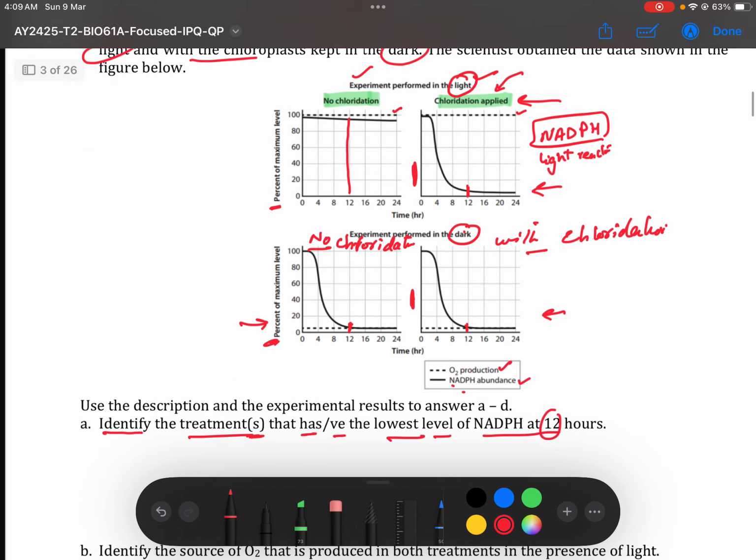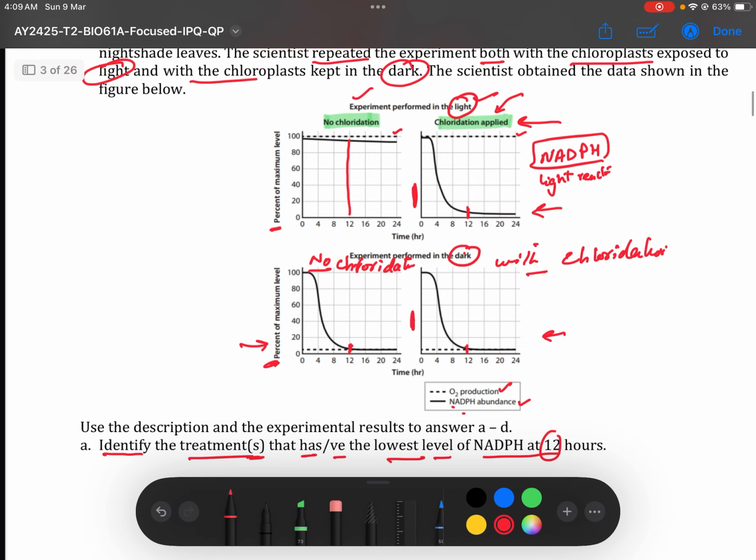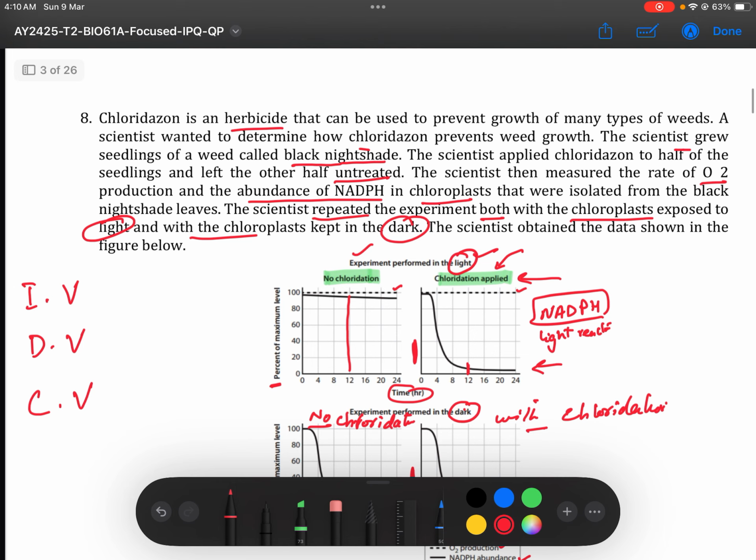One more thing that you can see over here, always remember the things that you should know: the independent variable, dependent variable, and control variables. In this case, the independent variable always comes on the x-axis, right? But over here on the x-axis we have time, which is not an independent variable here. When I was reading up, I told you these are the independent variables.